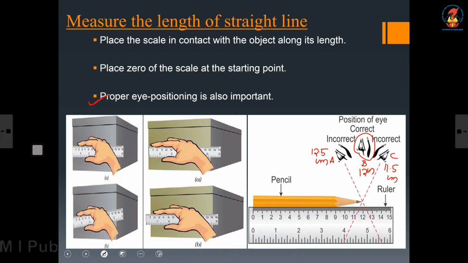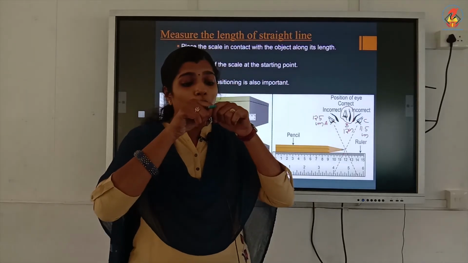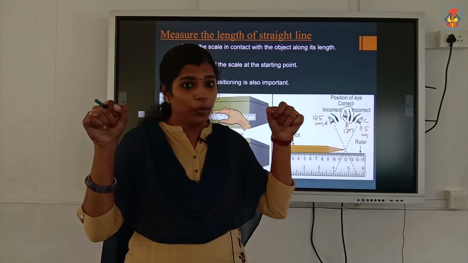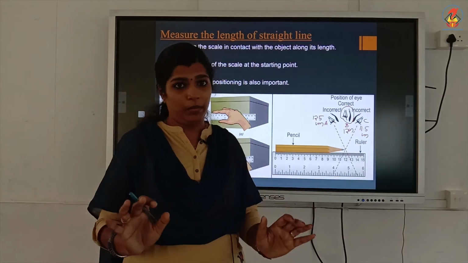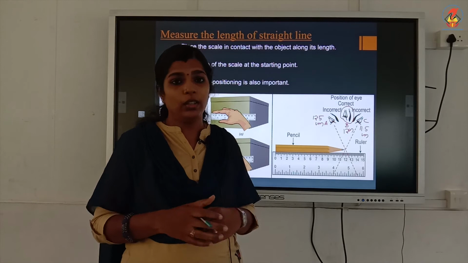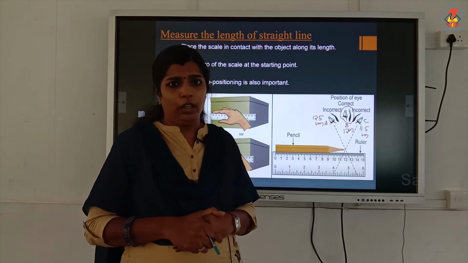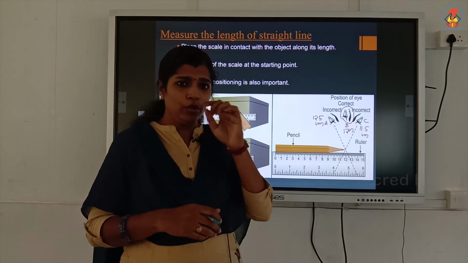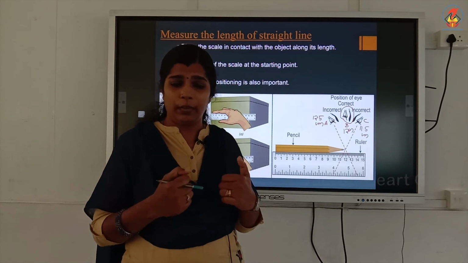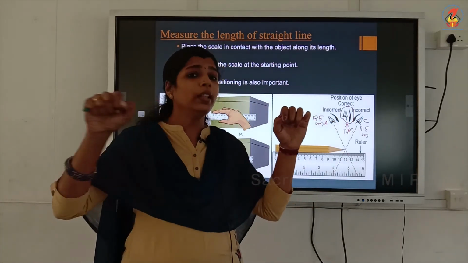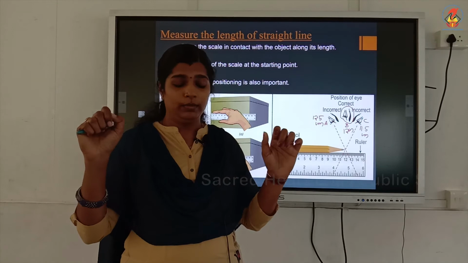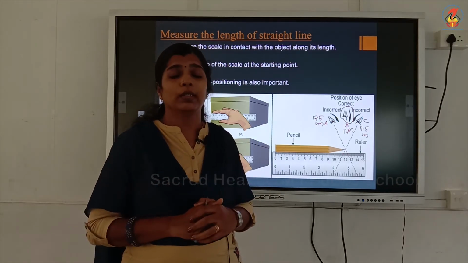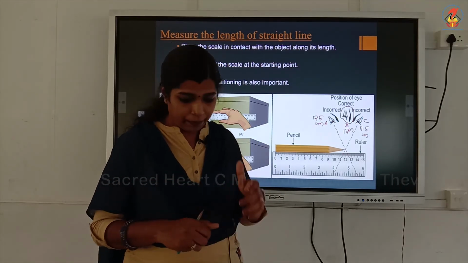If you want to measure anything, you have to hold it along the length of the object which is to be measured. If you want to measure the length of a cloth, you should hold the measuring tape or meter scale along the length of the cloth. Then only you will be able to get the correct reading.